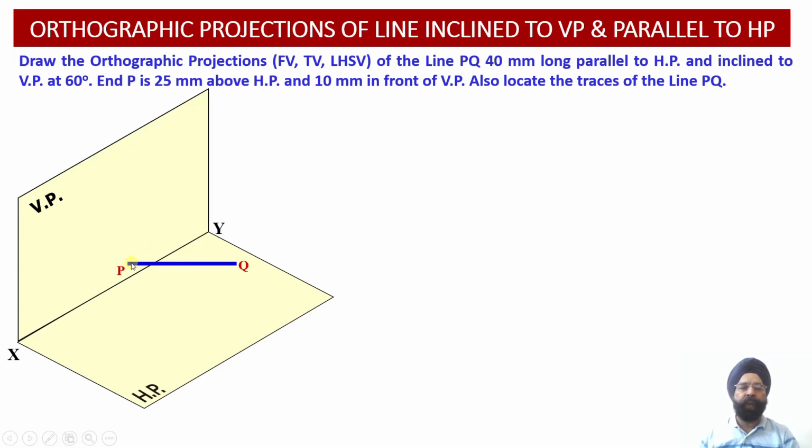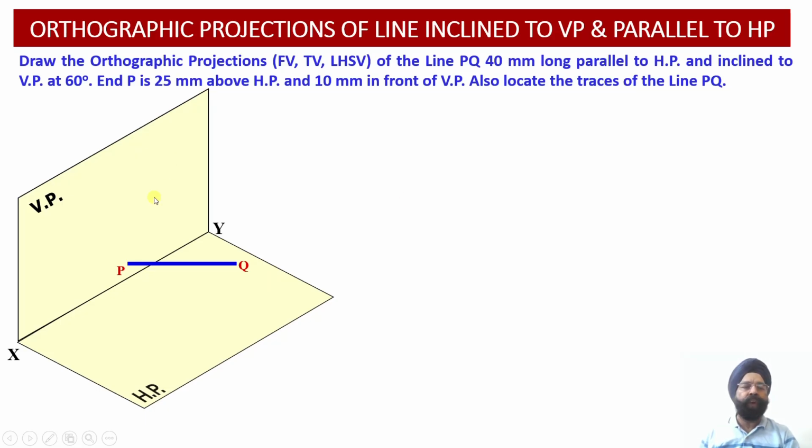Now this is the spatial coordinate location of the line PQ, which happens to be parallel to the horizontal plane. So we can see this line is parallel to the horizontal plane, and this line PQ is inclined to the vertical plane. Since this line PQ is parallel to the horizontal plane, its projection onto the horizontal plane will provide us with the true length projection of this line, and we have to draw the top view projection to begin with.